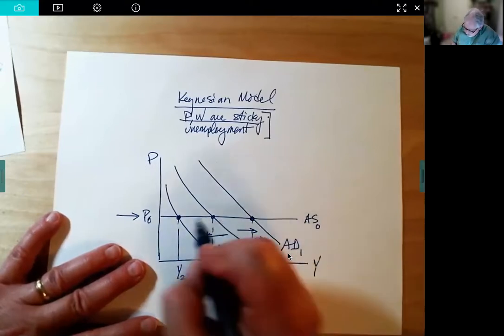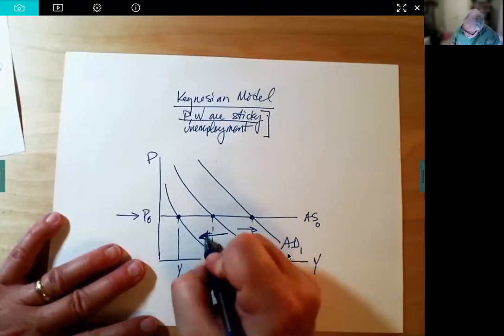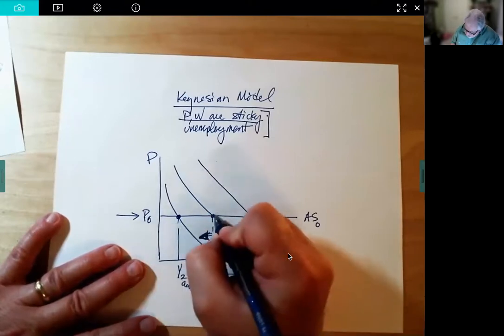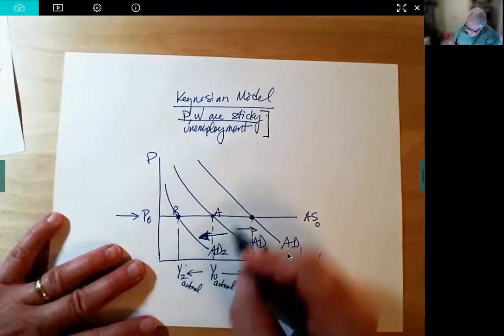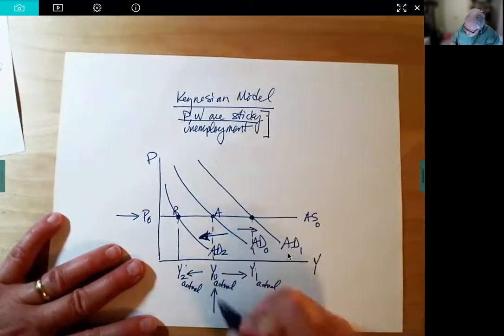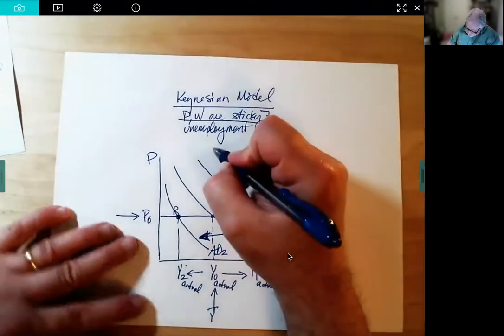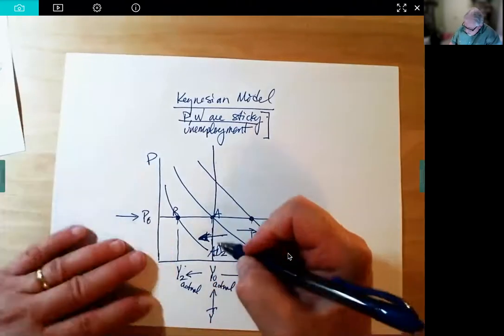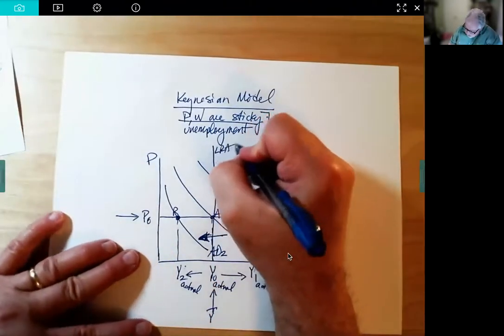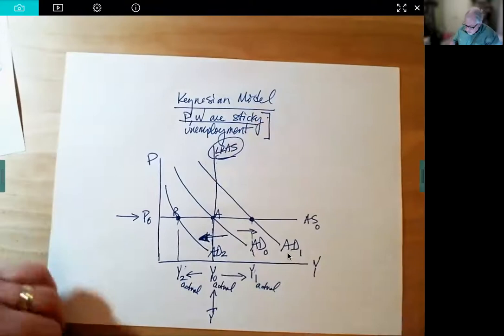That was the argument. And so he's saying, well, look, if that happens, we could get stuck in a place. Let's say that we started out, let's say this was potential GDP. In a sense, we can use that long run aggregate supply curve from the classical model, but in this case, it's really just a marker.